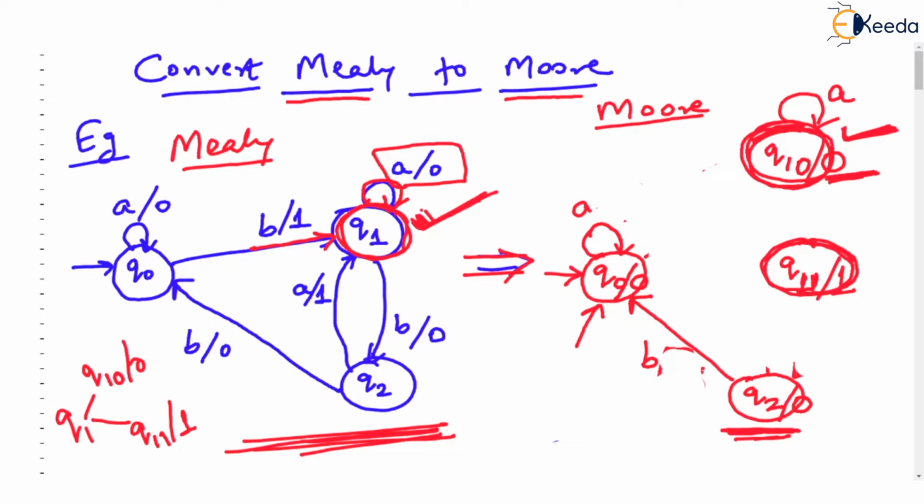Okay, let's go back to Q1. Let's ask Q1, what do you do when you read B? Q1 says, when I read B, I go to Q2. Just check this transition. And I output 0. Now, luckily, we have only one Q2 state, and it will output 0. Yes, the output is 0.